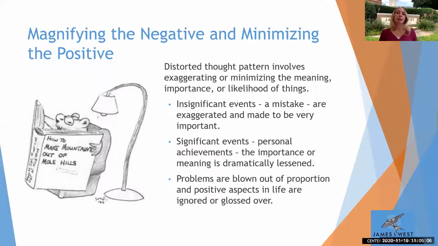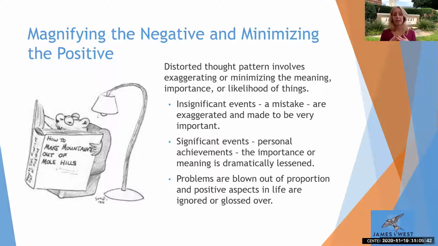Specifically, magnifying the negative and minimizing the positive, this magnification and minimization, is a distorted thought pattern that typically involves exaggerating or minimizing the meaning of something important or the likelihood of things happening. It might take an insignificant event, like a small mistake, a minor error, something trivial, and exaggerate it into something really important.